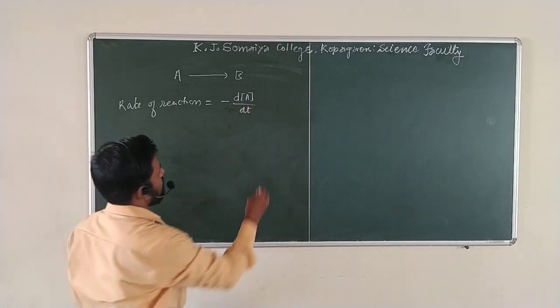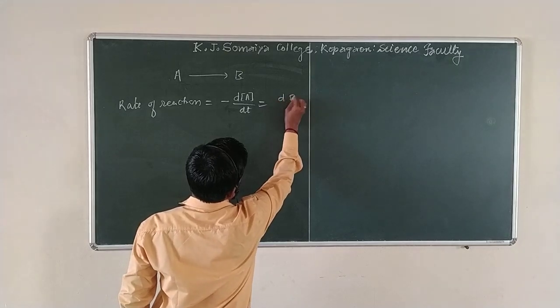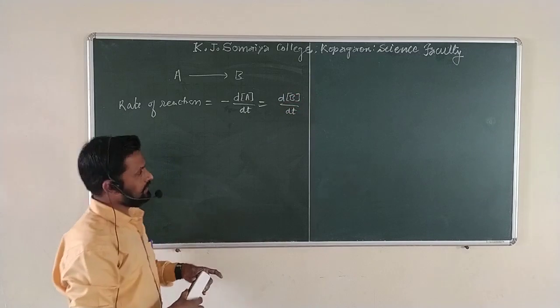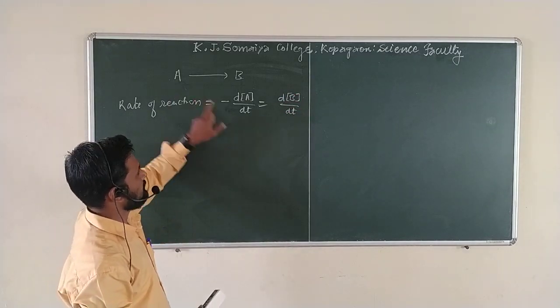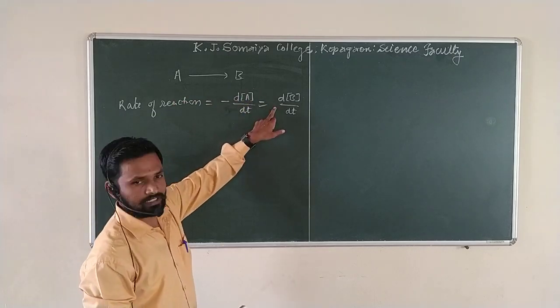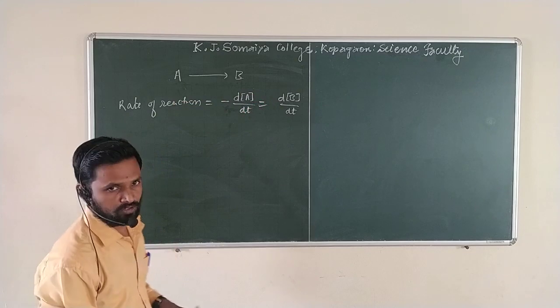Here you can observe the negative sign indicates the decrease in the concentration of the reactants, and the positive sign indicates the increase in the concentration on the product side.